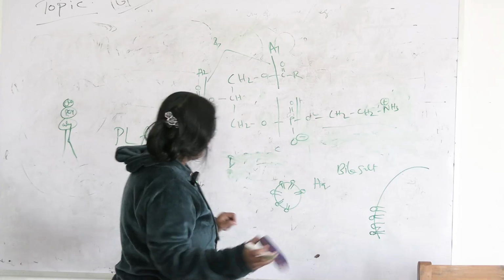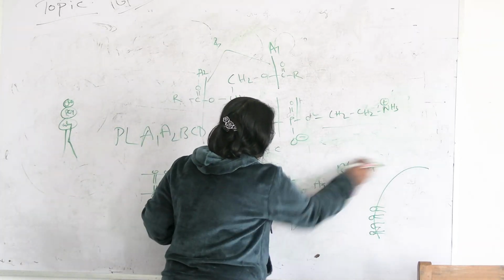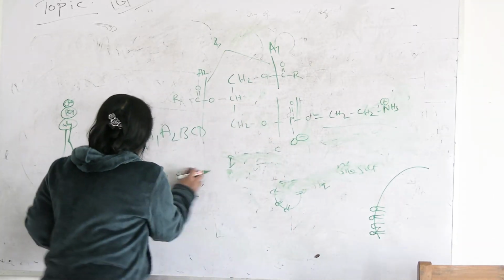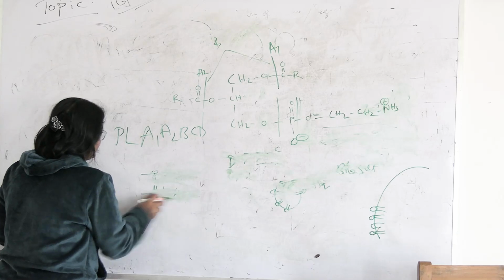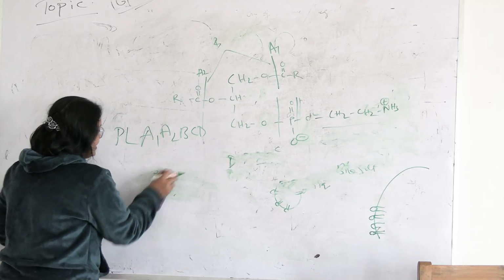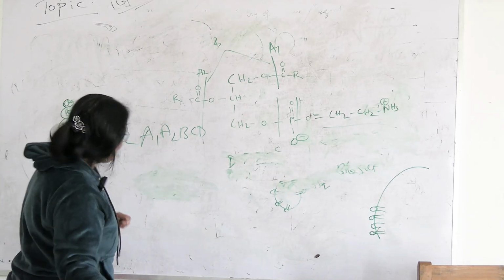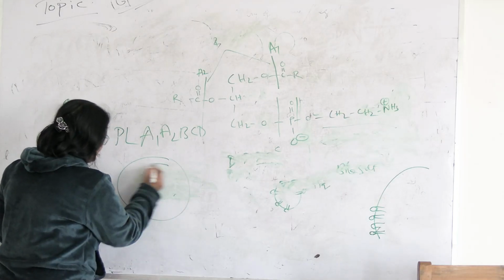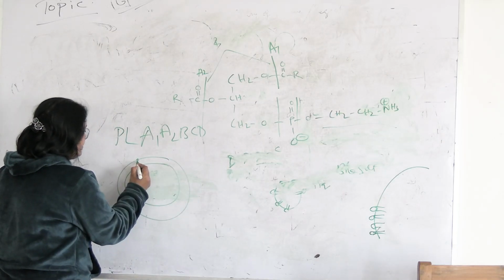Okay. Now, we have liposome. Unilamellar or multilamellar, what does it mean? Unilamellar means a single bilayer lipid phospholipid membrane.